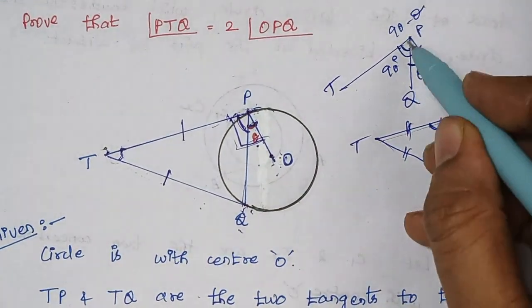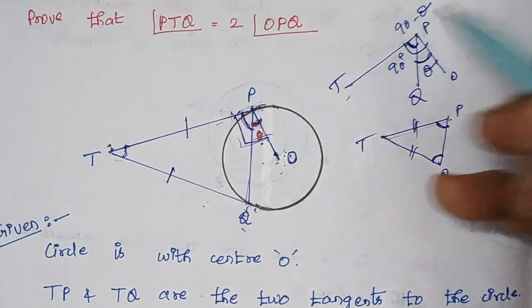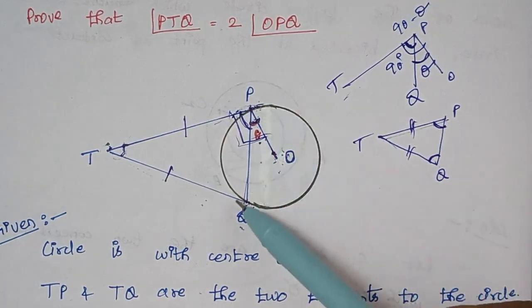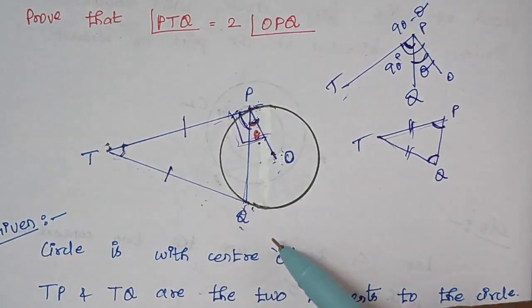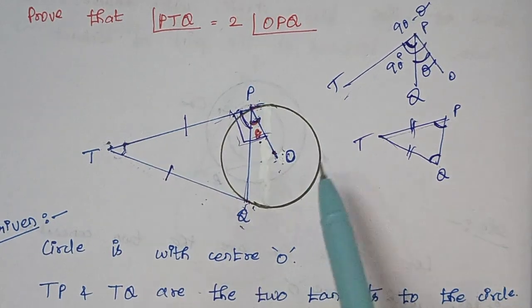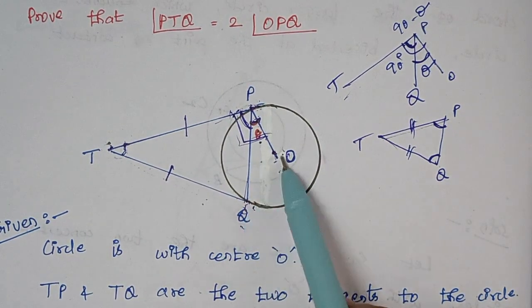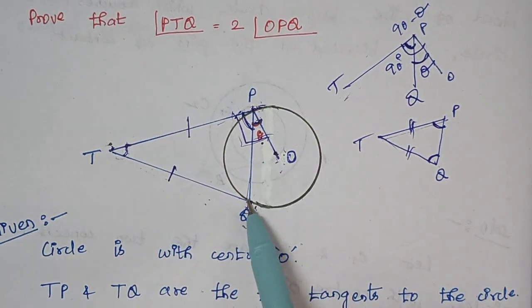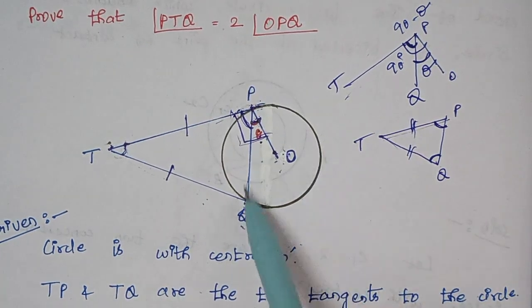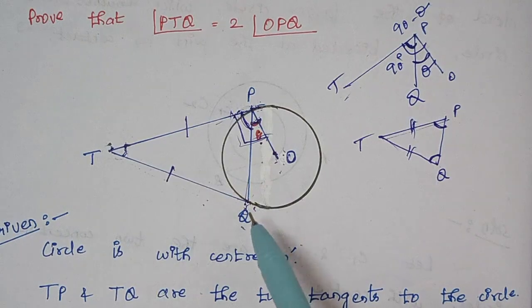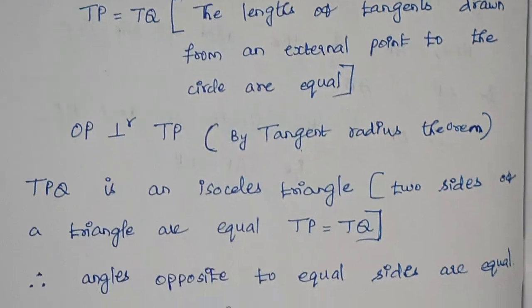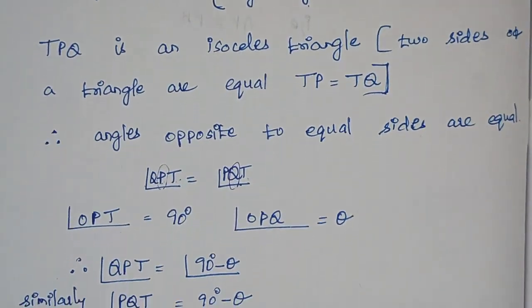And similarly we can write angle PQT is also 90 minus theta, right? Because again when you draw a line, this OQ will be the radius and TQ is a tangent and again they will be perpendicular. Again the same concept applies here. So therefore QPT is 90 minus theta and PQT is also 90 minus theta. So this is what I had written here.